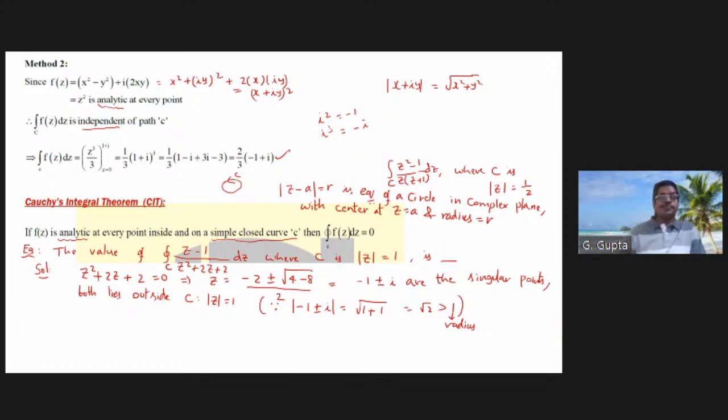So therefore, the singular points do not lie inside or on the curve. That is f of z. Singular point means the function is not analytic at that point. So that point lies outside, which means at every point inside and on the curve it is analytic automatically.